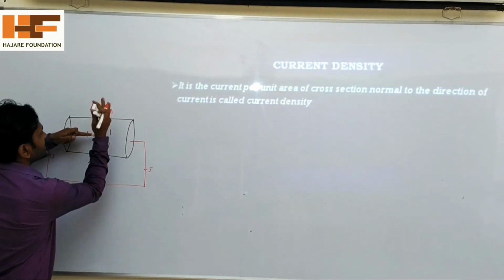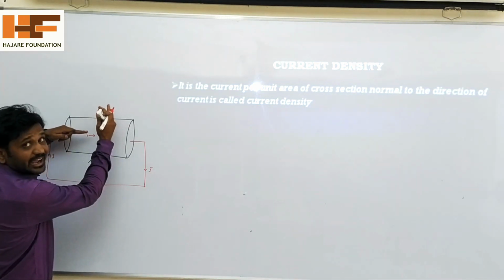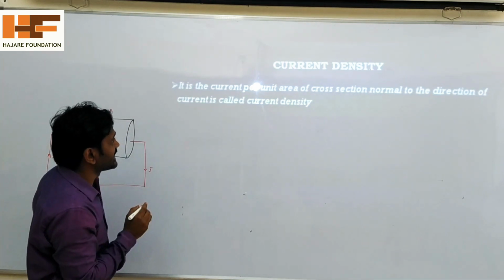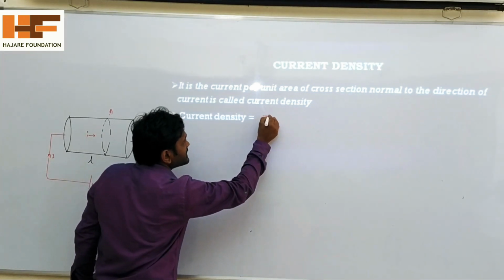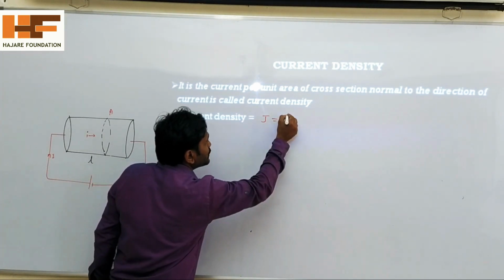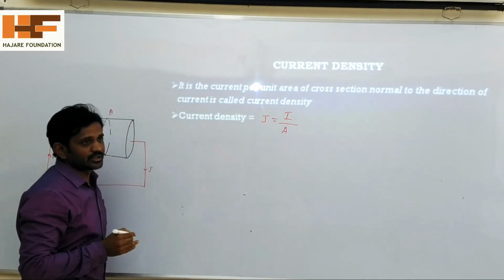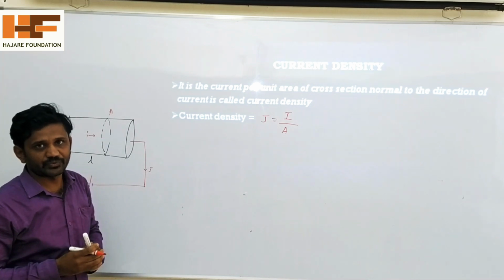Here the current is in this direction, and the cross-sectional area is perpendicular to this direction of the electric current. We represent current density as J, which is equal to current per unit area of cross section, that is J is equal to I divided by A.